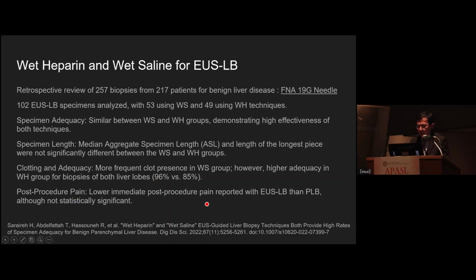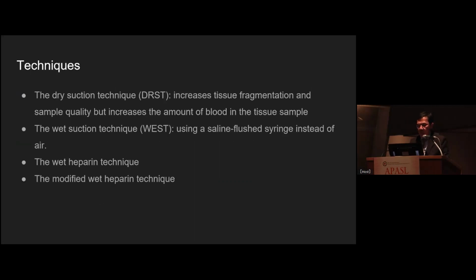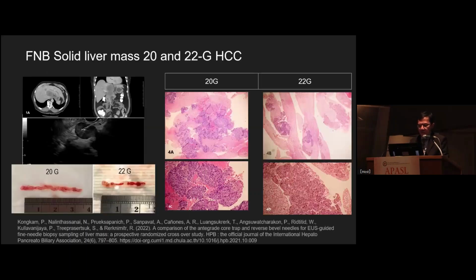Lower immediate procedure pain was reported in EUS guided versus percutaneous liver biopsy. Among the techniques, compared with the dry suction technique, it looks like the wet heparin technique is the best. Recently, there was a report of a modified wet heparin technique, but there is not much information on that. For liver mass, I think there is not much information either, but we can use the standard technique.